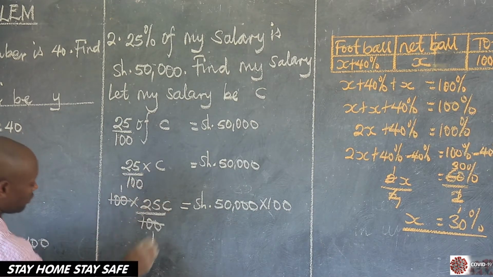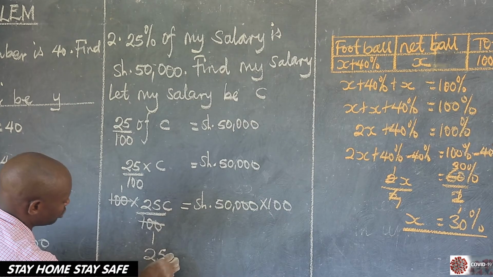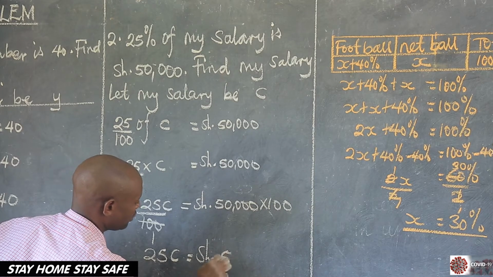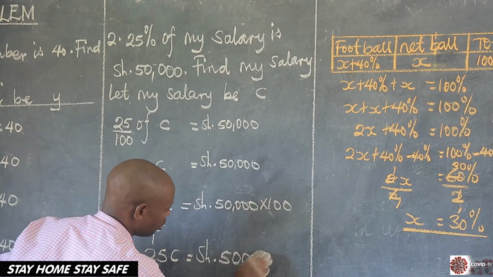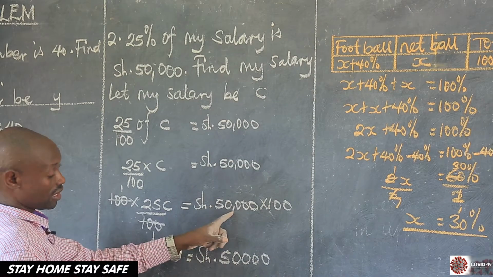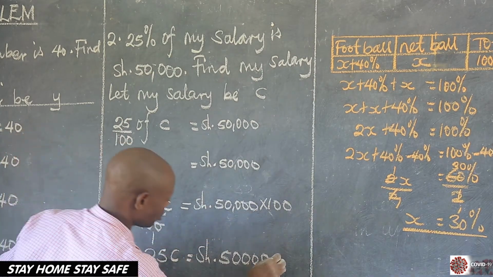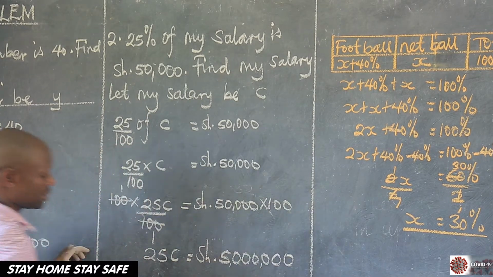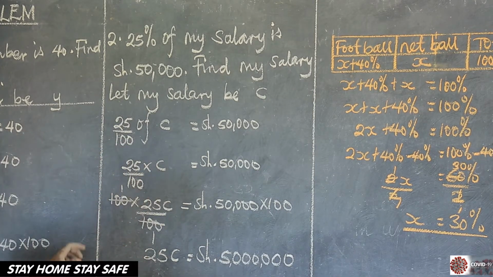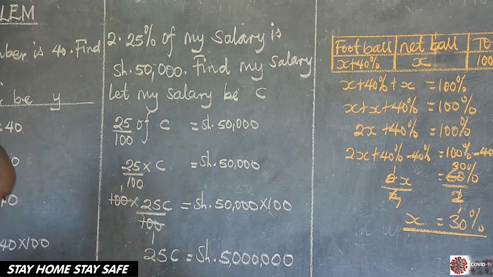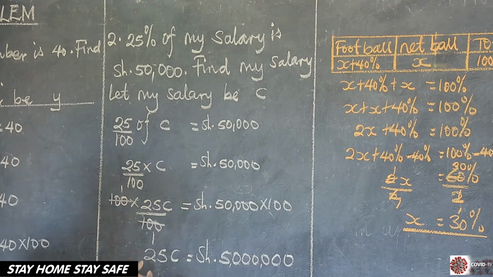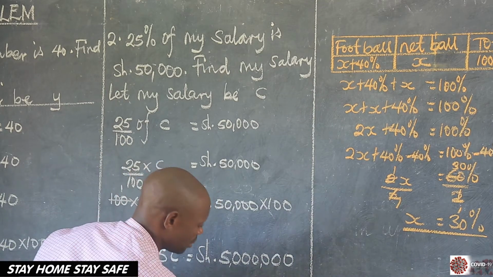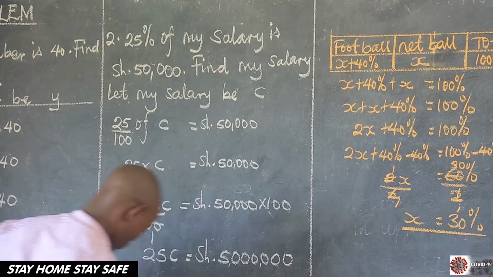We cancel this one with that one. So 1 times 25, we shall get 25C, which is going to give us 50,000, that is the original 50,000, then times 100, we add on 2 more zeros. Then it becomes 5 million. So to get the value of C, we are going to divide each side by 25.